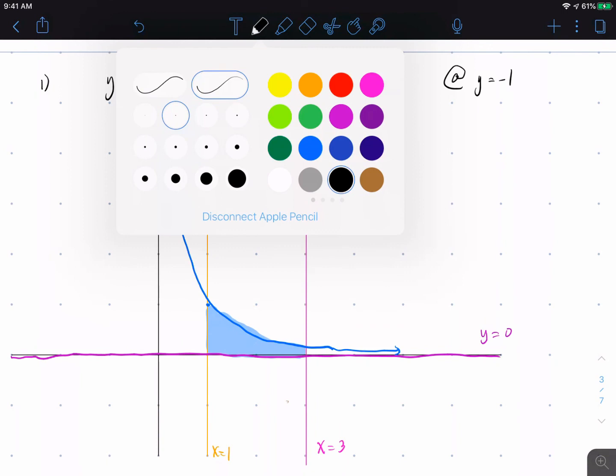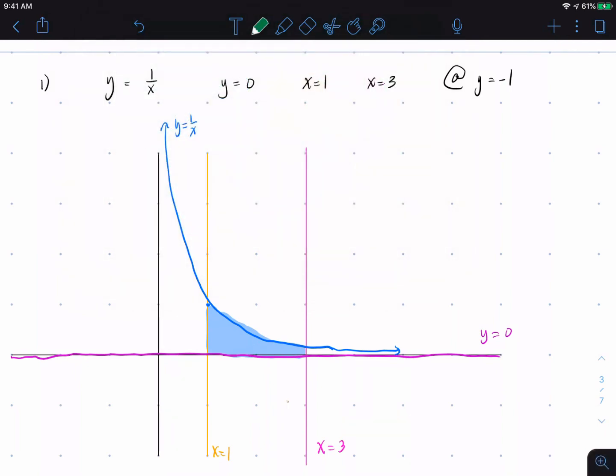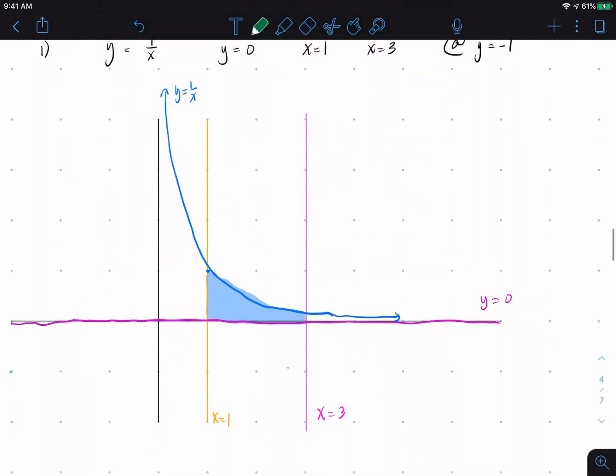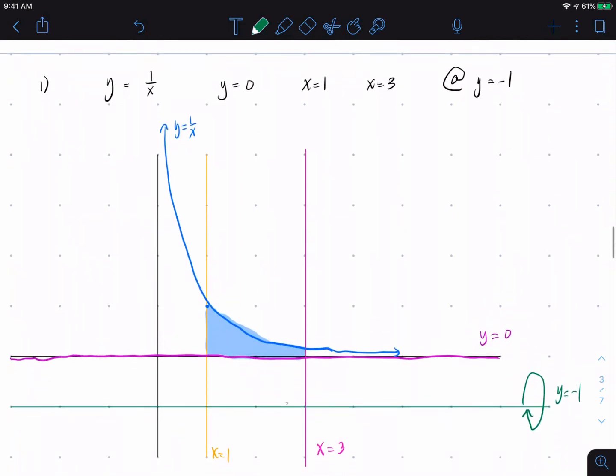Okay. And then the axis of rotation is at y equals -1. So this is the axis of rotation. We're good?